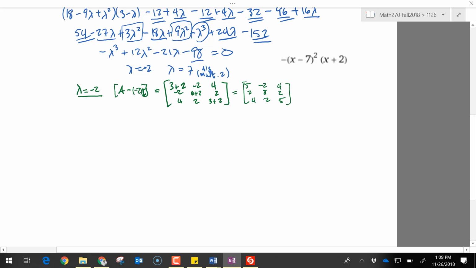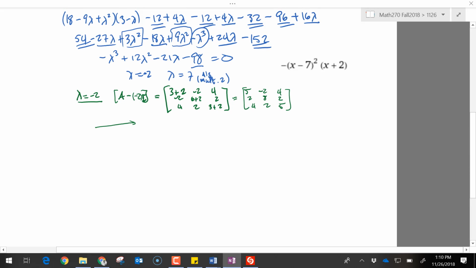We want to do some row reducing. Maybe we can switch the first and second rows and divide by a 2. So I'll do a couple of steps. That's a coincidence, the matrix being symmetric at this point.